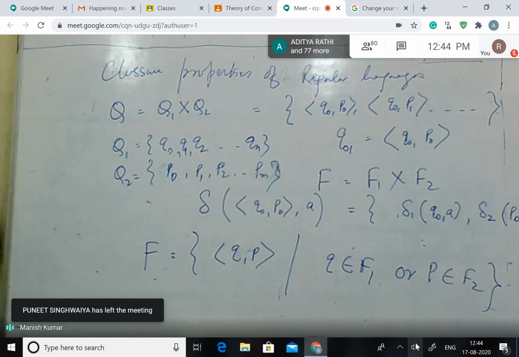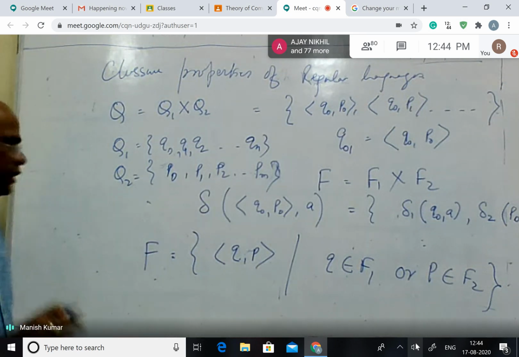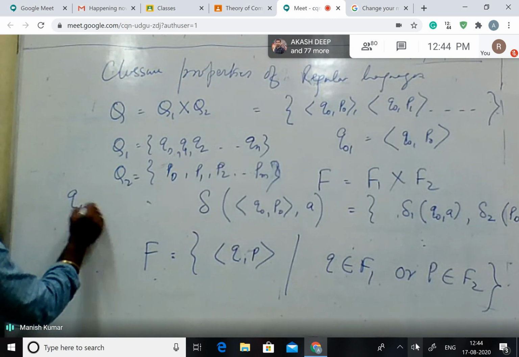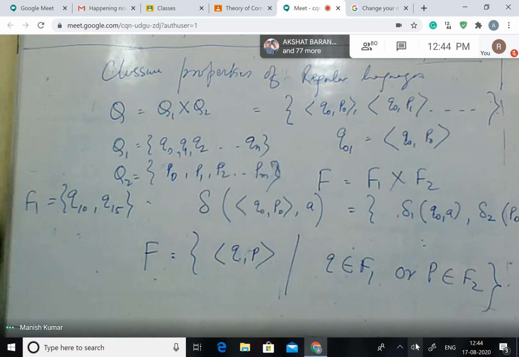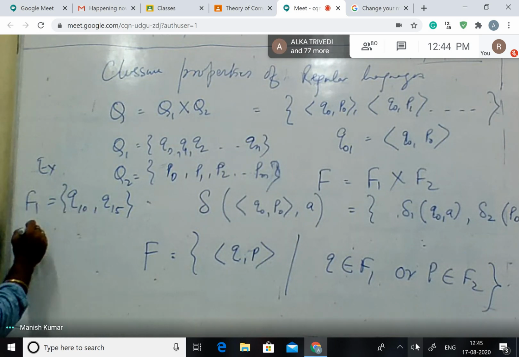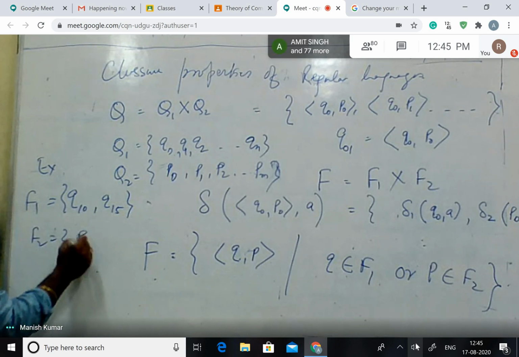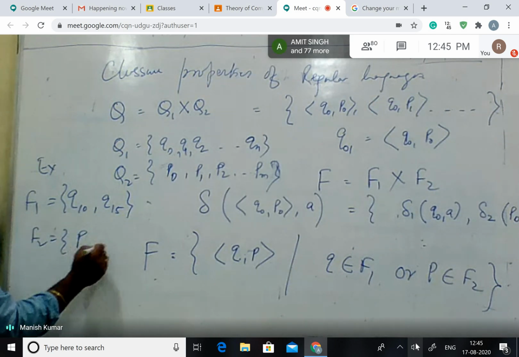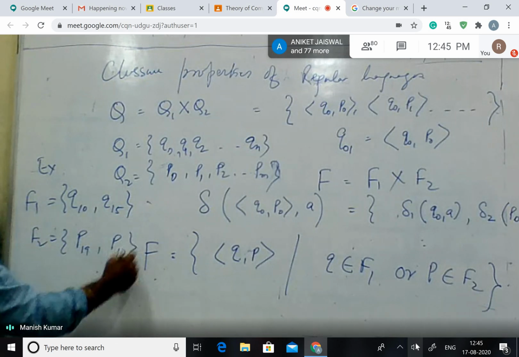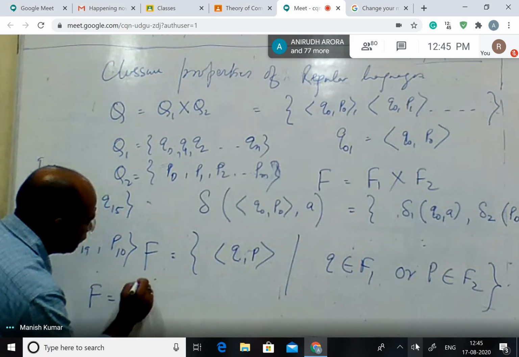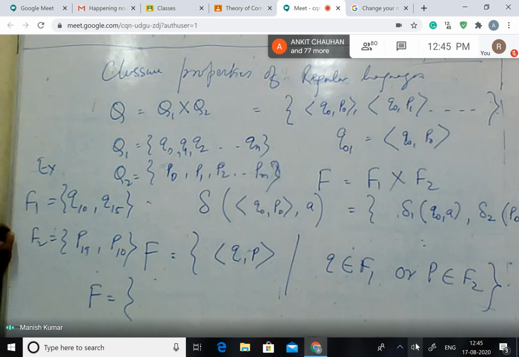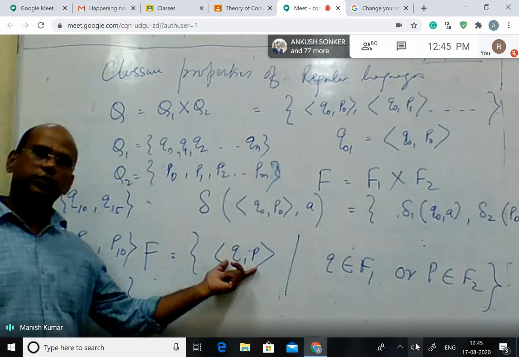The meaning of this is very simple. Suppose Q10 and Q15, say this is my F1. This is the example I am giving. And suppose F2 is P19 and P10. So that means this F could be any combination. And it is not necessarily that always these two combinations must be final states.